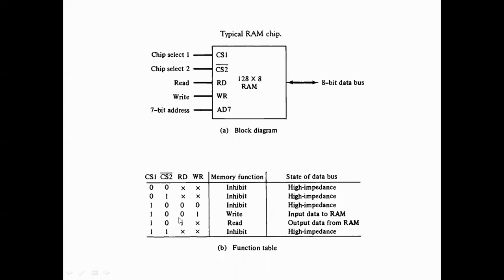For the same combination, if the CPU says 0 1, meaning no read but write, obviously writing will happen. Write means bring the data from CPU to RAM. This is called write. And if the read is on, irrespective of what is on the write, there will be a read operation.